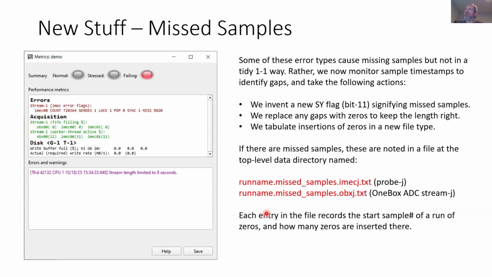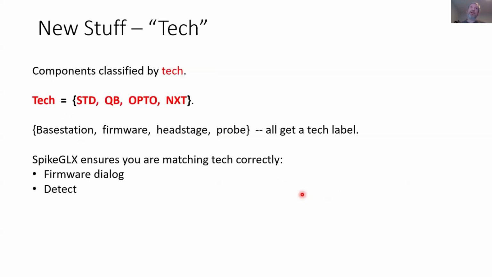We are inserting runs of zeros into the software to make up for missing samples, and this keeps alignment correct among the different data streams that you're recording. And we also tabulate the fact of inserted zeros in files that get created at the top level of your data directory.